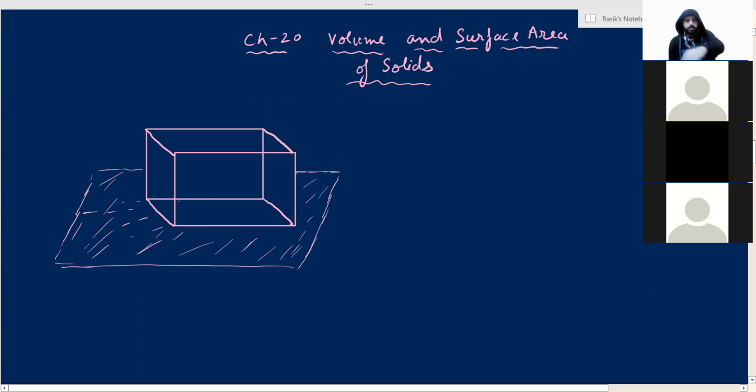It is occupying some part of the table. So that is only the area.